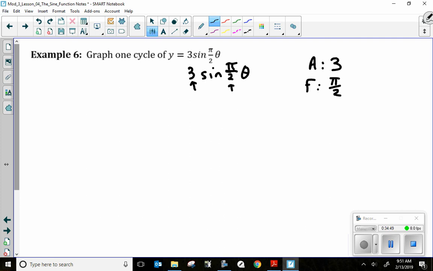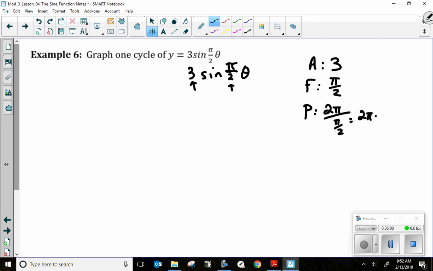My frequency is pi over 2. My period, now because they gave me pi over 2, this is obviously in radians. My period is either 360 divided by the frequency, or my period is 2 pi divided by the frequency, pi over 2.